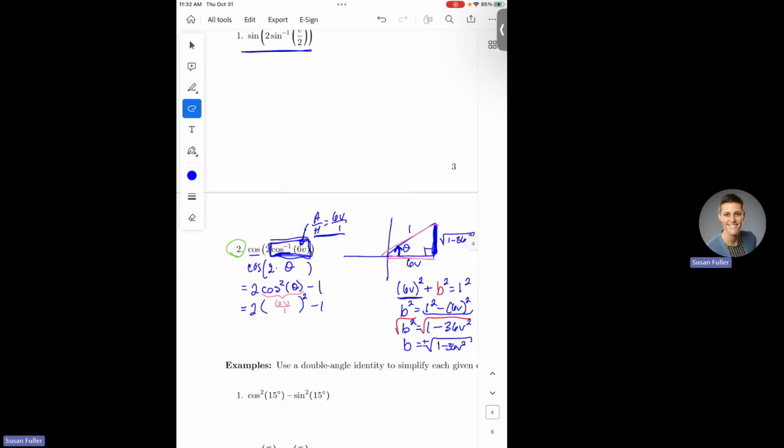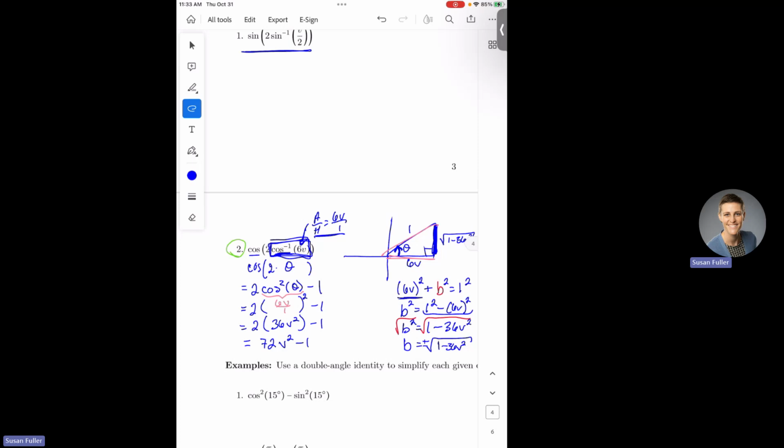And so now I can kind of work this through. I'm going to get 2 times 6v squared, or sorry, 6v times 6v, right? 6v all squared is 36v squared minus 1. 2 times 36v squared is going to give me 72v squared minus 1.